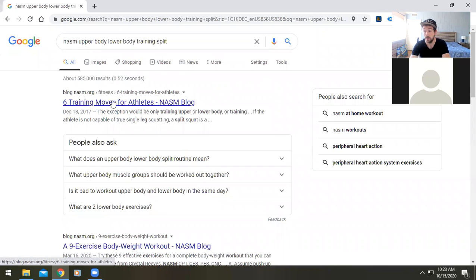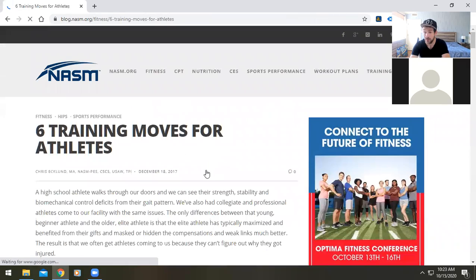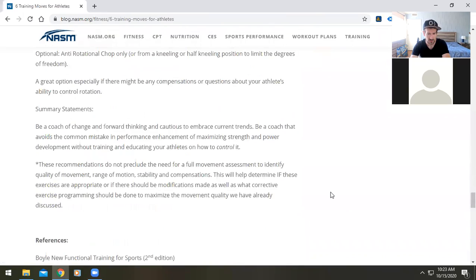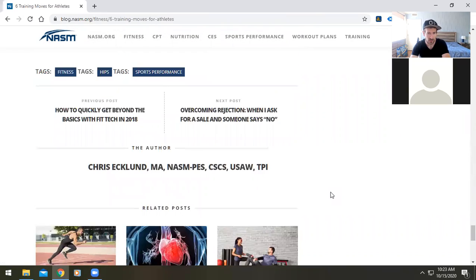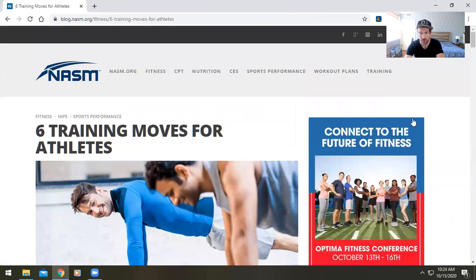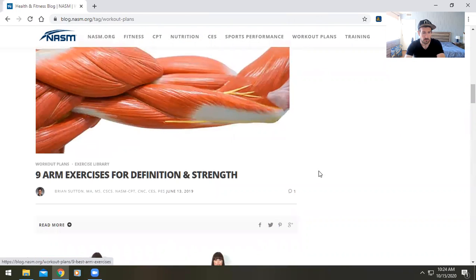But if you go to NASM's blog, go to their website, they have a ton of preset workouts. Let's see if I can just find one for you. And you could totally just pick an upper body day, pick a lower body day, and then pick a workout plan.